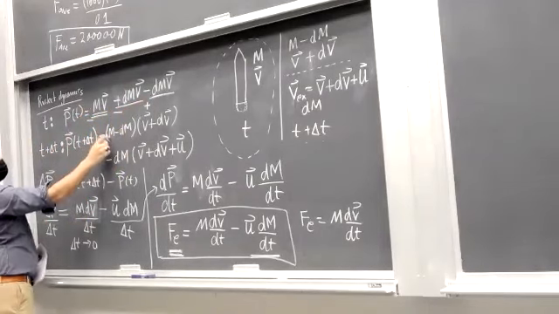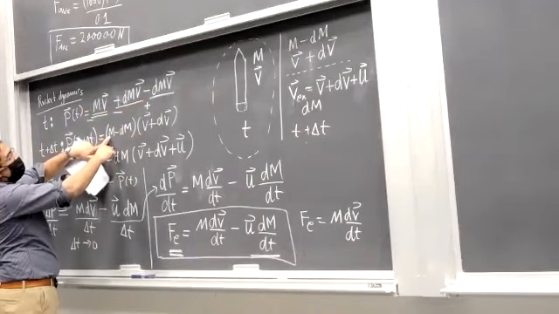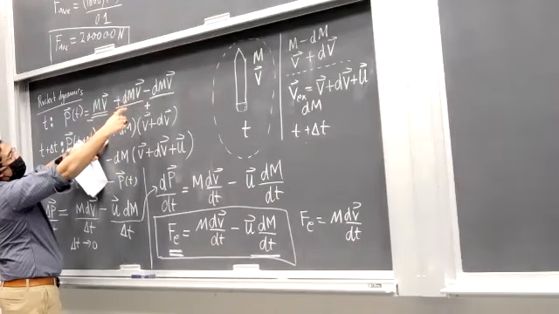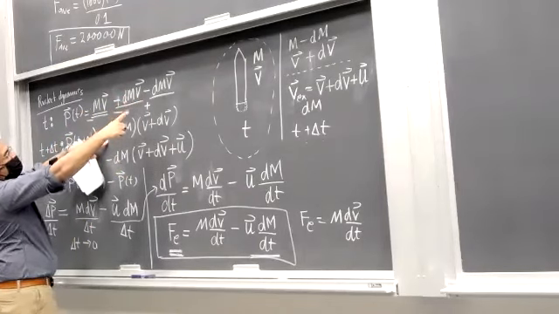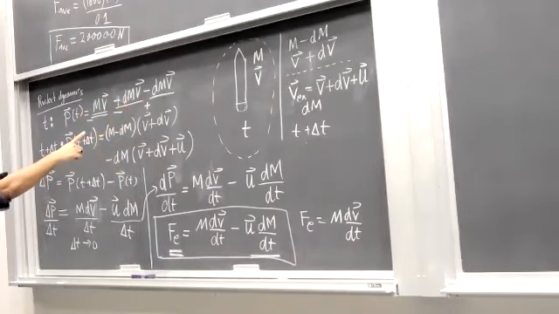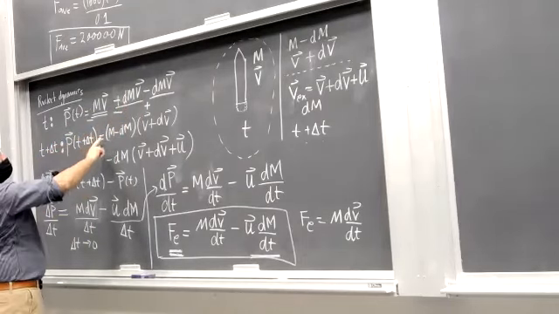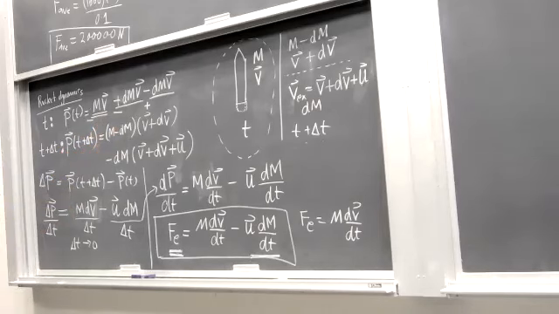So this term cancels with this term. This term cancels with dmv. This is minus dmv. I think -2 d square mv फिर भी रहेगा.